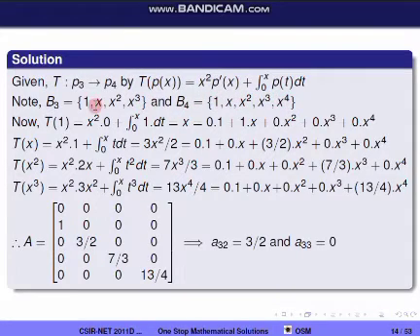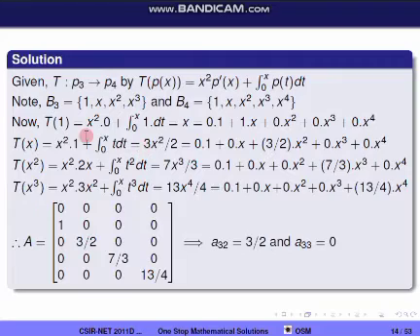Now I am finding the images of B3 under this transformation and writing each image as a linear combination of the elements of B4. Once we find that, we form the matrix A by taking the coefficients of the linear combinations as the columns.